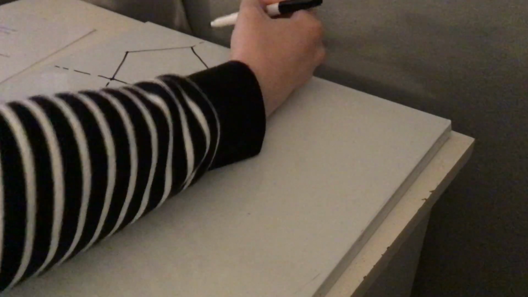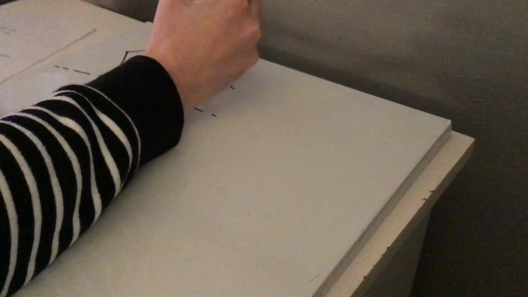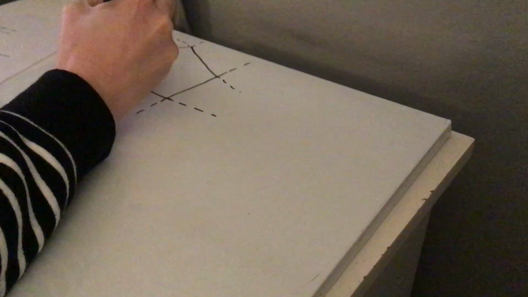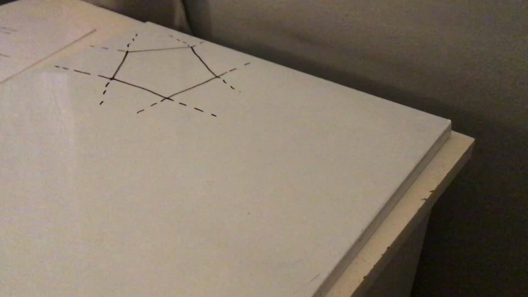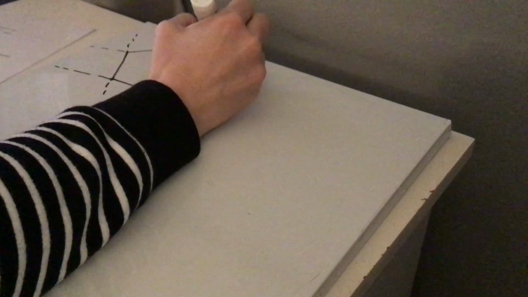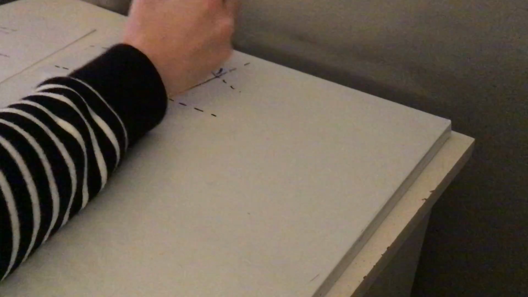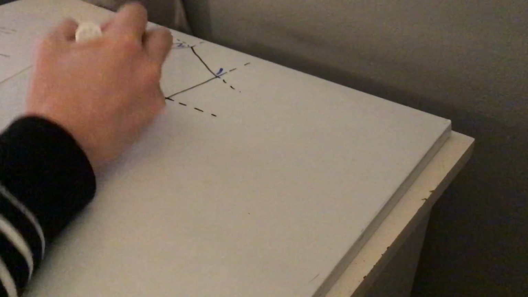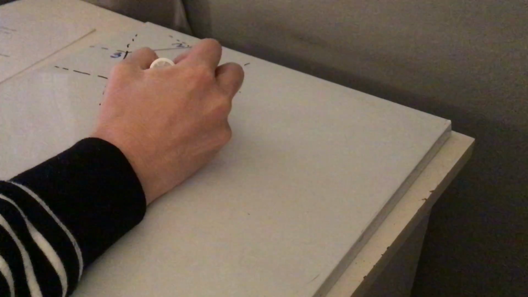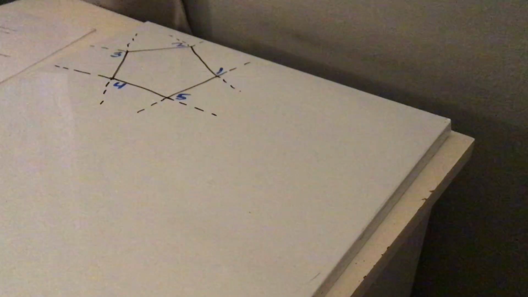And I take one angle, one exterior angle, okay, from each vertex. So let's say this angle 1 here, then 2, 3, 4, and 5. Remember, we talked about exterior angles.